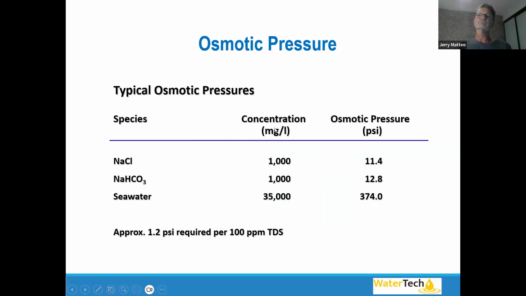So we've got seawater, real high concentration of dissolved solids. The osmotic pressure to just start osmosis would be about, down here's a little formula, about one psi per 100 parts per million of TDS. So I just use a number here of 350, 375 psi to start the process of reverse osmosis if we had seawater.